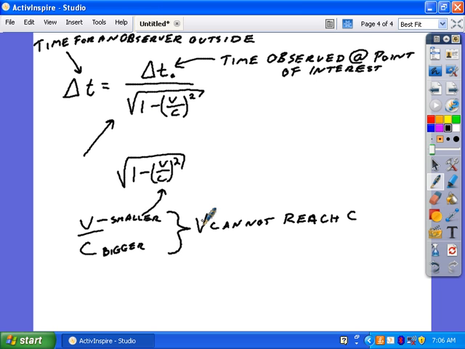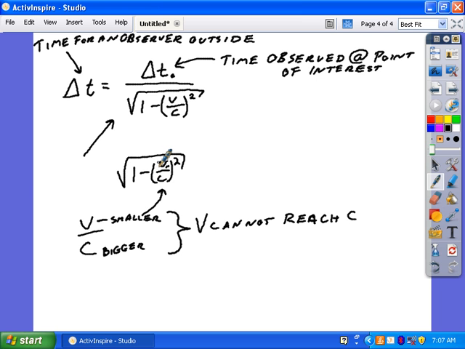So the speed of light can never be actually reached in this equation. The speed can never reach c. Now what that means is we're always going to have some fraction, some value that's less than 1. You take some value that's less than 1 and square it, you're going to get a number that's even more less than 1. 1 minus that number is going to give you a relatively small number, depending on this guy right here.